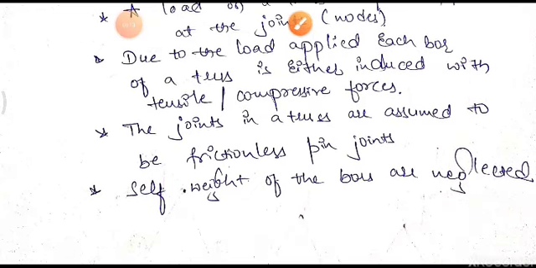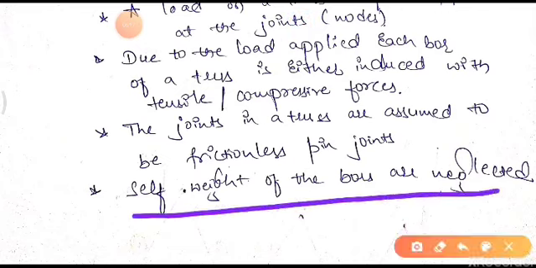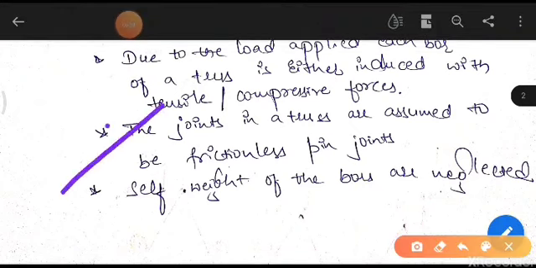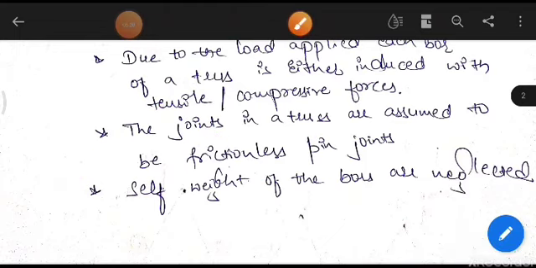Similarly, the last assumption is that the self weight of the bar is neglected. Usually when we solve problems in the finite element method, we neglect the weight of each bar. So these are the assumptions.